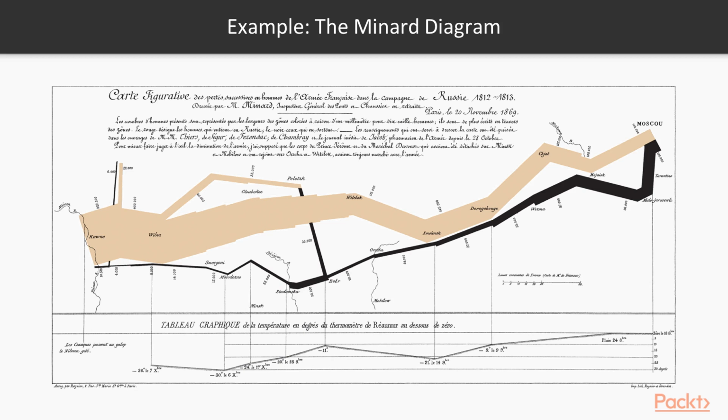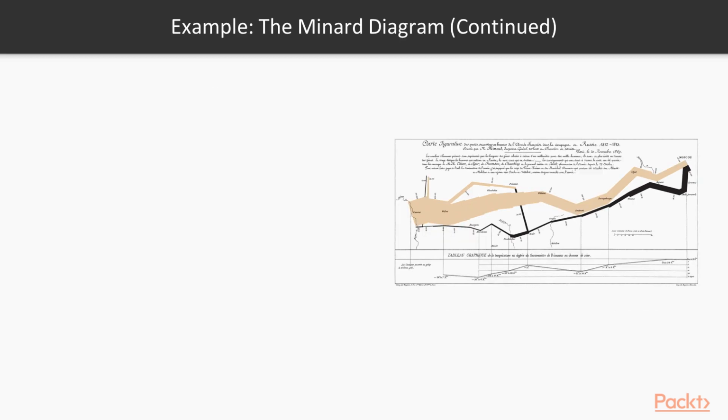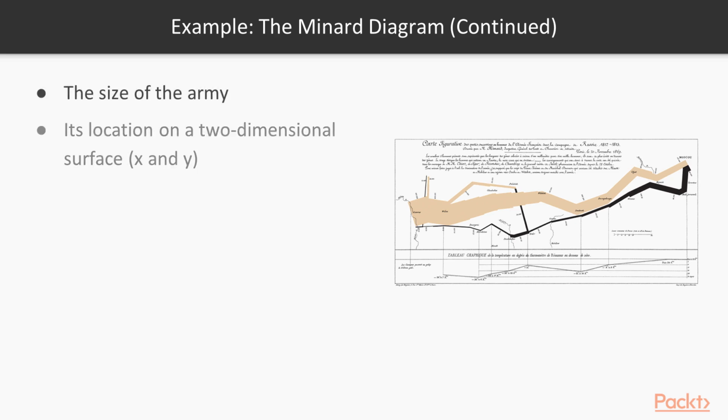For example, the Minard diagram shows the losses suffered by Napoleon's army in the 1812-1813 period. 6 variables are plotted: the size of the army, its location on a two-dimensional surface, x and y, time, direction of movement, and temperature.